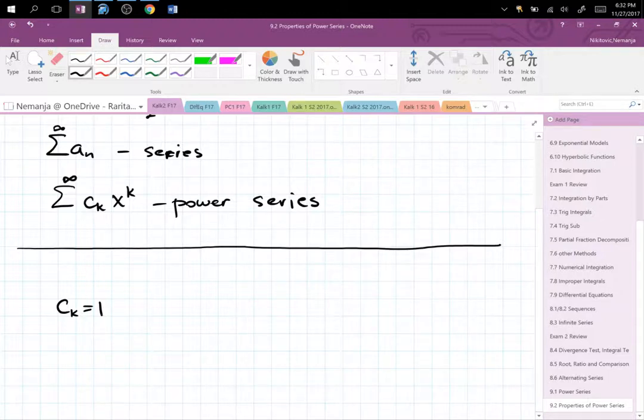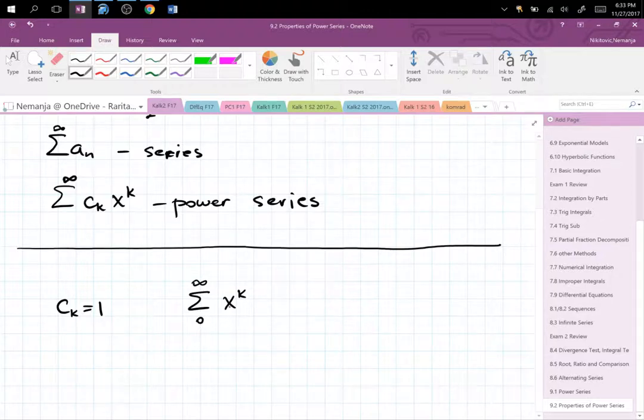The c_k are the coefficients, and that could be any kind of sequence that we learned in chapter 8, but let's say this is just a sequence of all ones, times x to the k. So now if you consider the series from 0 to infinity of c_k, which is 1, all you're going to have is x to the k.